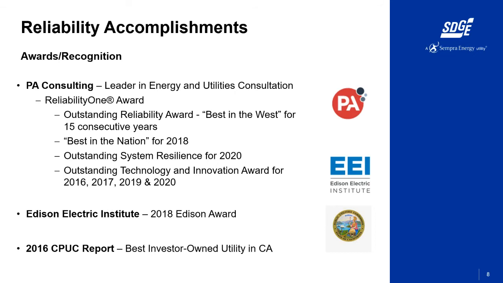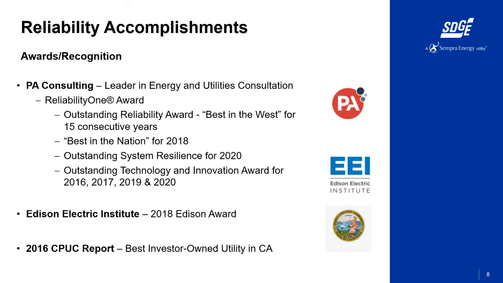And we have just been the most recent recipient of the Outstanding Reliability Award, Best in the West, for 15 consecutive years. We just learned about that a few weeks ago. In 2018, we were fortunate to receive Best in the Nation Reliability, and that is certainly an award that we aspire to every year if we can get it. There's some tough competition, but that's Best in the Nation for 2018.